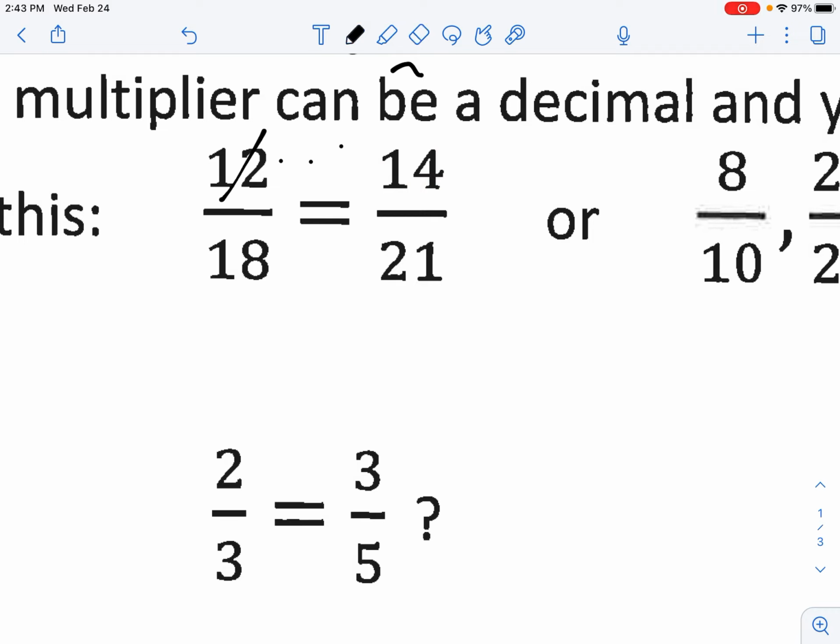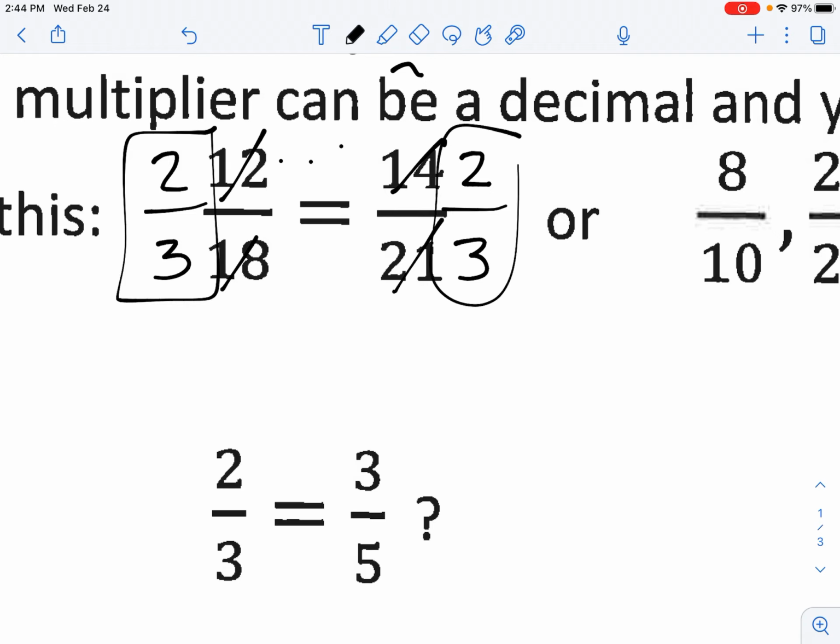So if I divide 12 by 6 and 18 by 6, I get 2 to 3. 14 divided by 7 is 2, and 21 divided by 7 is 3. So I must have made a silly error with that previous one. So this first answer would be yes, because I have 2 to 3 for both of my ratios reduced to lowest terms.